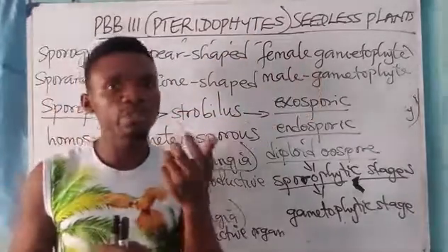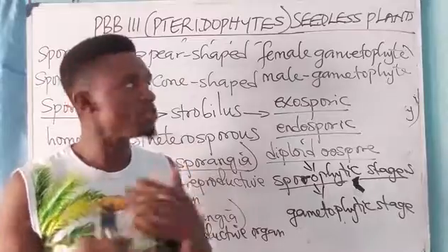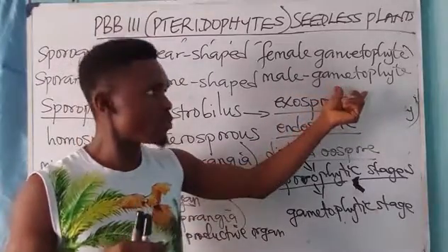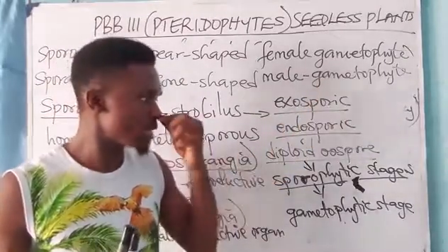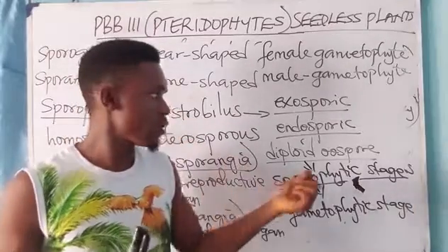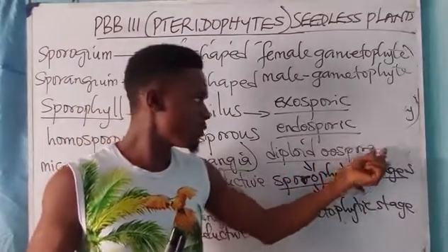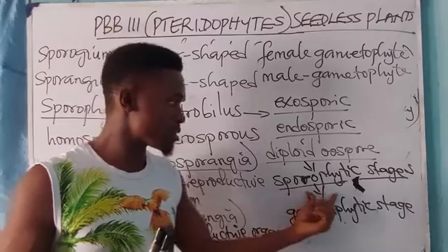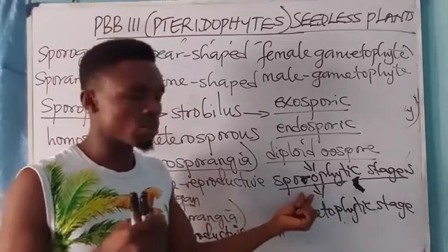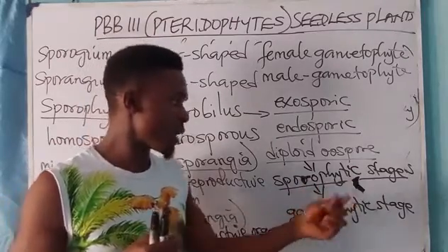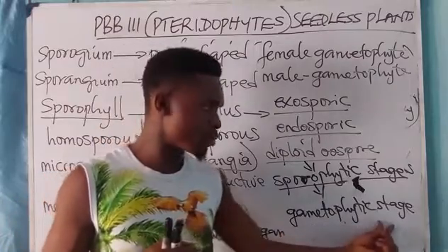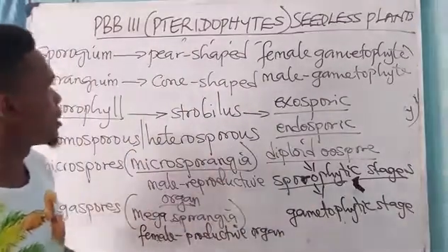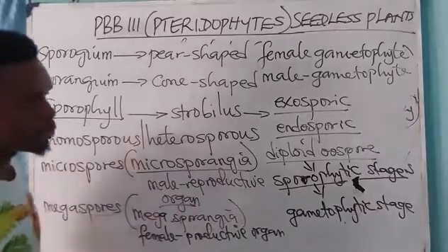As soon as the antherozoid is produced, it swims and meets the egg where it fertilizes it to produce a diploid zygote or diploid oospore, which will germinate to produce the sporophyte. Then there is the sporangium. The sporangium will undergo meiosis to produce the gametophytic stage. So that is all about the division Lycopodiophyta.